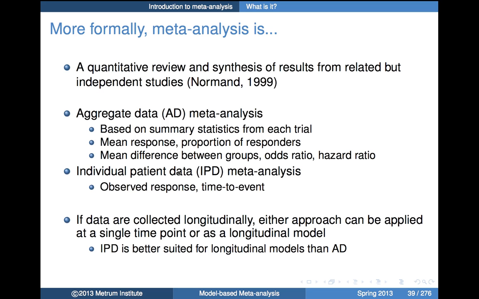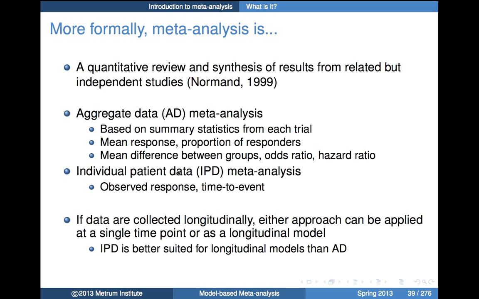We're not going to talk in this class much at all about combining purely patient-level data, although that is considered to be the gold standard when doing a meta-analysis. For the purposes of this course, we're going to focus on meta-analysis of aggregate data or a meta-analysis that combines aggregate data and patient-level data.